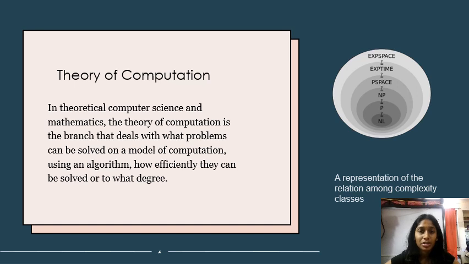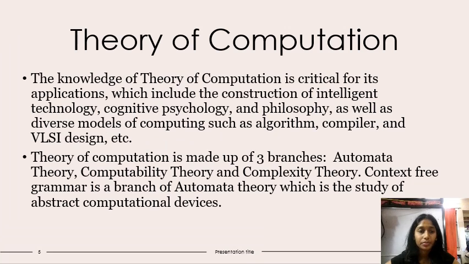This is a fast-growing branch that has helped solving problems in many fields besides computer science such as physics, economy, biology, and many others. Here is a present representation of the relation among complexity classes.